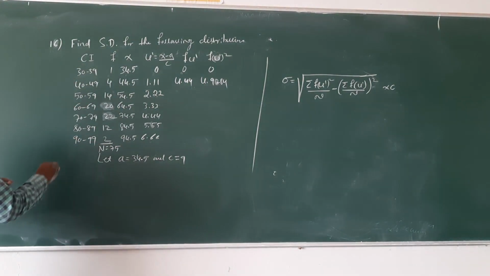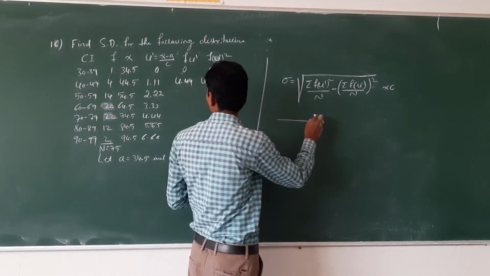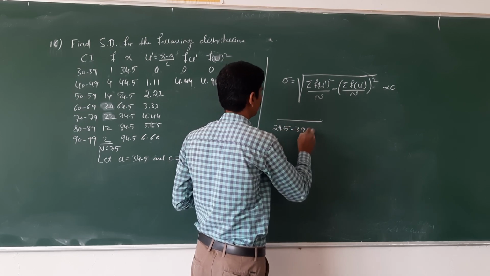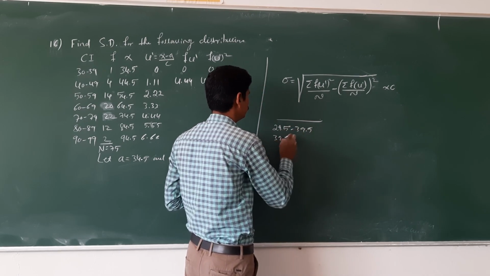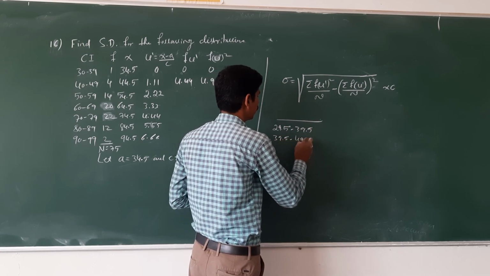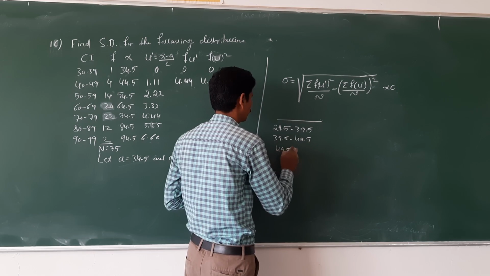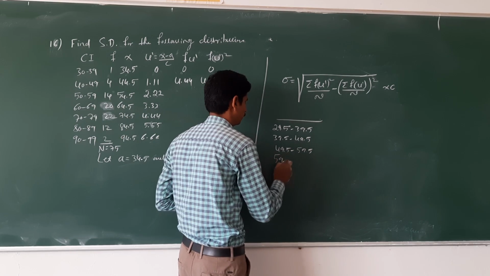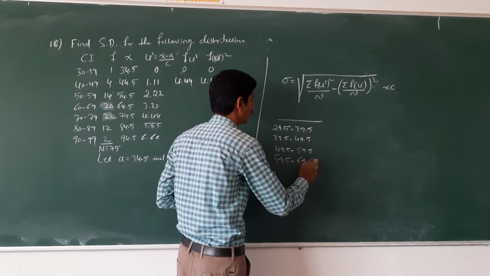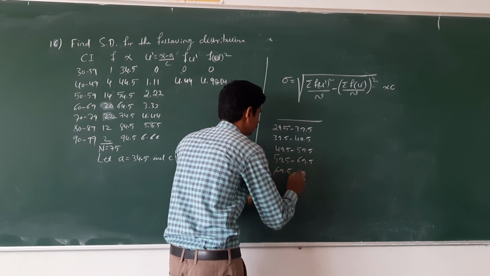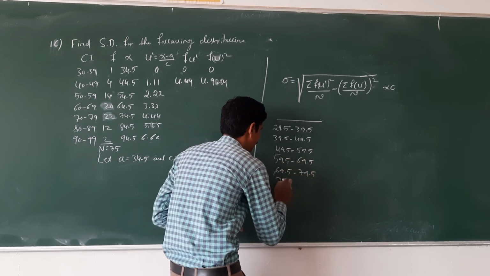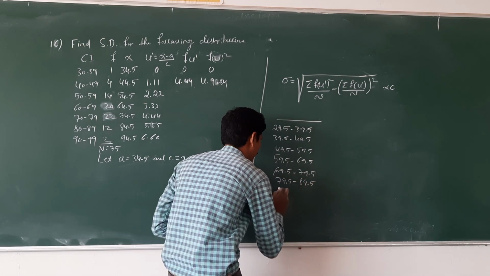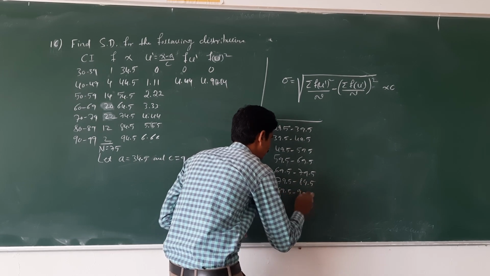Convert it: 29.5 to 39.5, 39.5 to 49.5, 49.5 to 59.5, 59.5 to 69.5, 69.5 to 79.5, 79.5 to 89.5, 89.5 to 99.5.